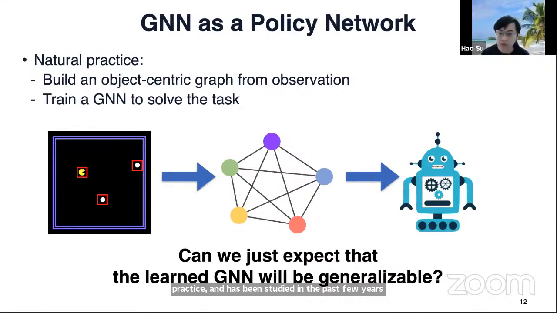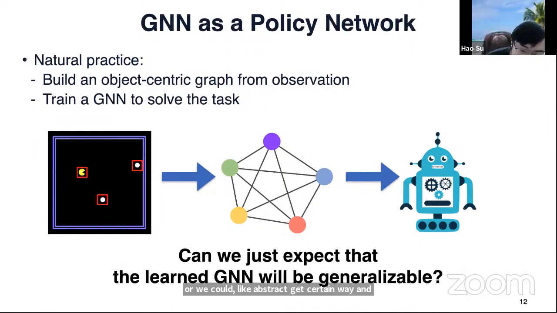For example, a very straightforward way is to build an object-centric graph from observation. We may detect the objects of interest and treat every detected object as a node of the graph. Maybe we could attach the image patch as the features of the node, or we could abstract it in a certain way.